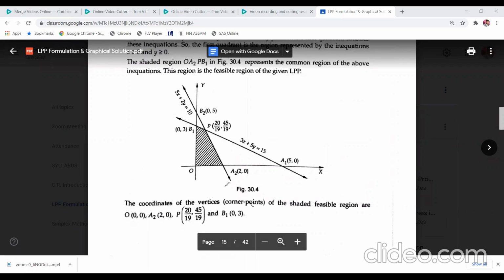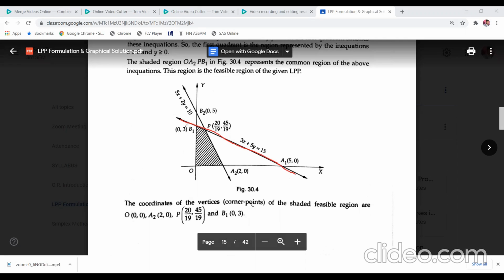This is the line 5x plus 2y equal to 10, and this is the line 3x plus 5y equal to 15. So these two lines are intersecting, no doubt. Now see this line. As you have already verified, in the solution region of both the lines, origin lies.